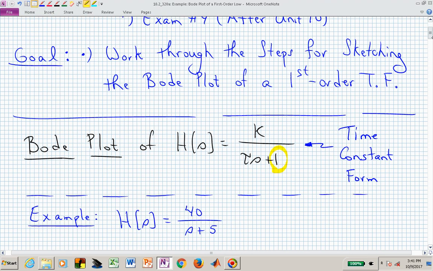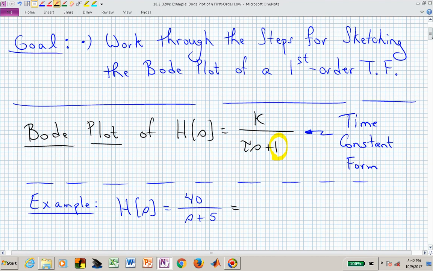Let's look at a quick example so that you understand that, oh, well, I can't sketch this because it doesn't look like K over tau s plus 1. Well, given any first order transfer function, you can convert it into that K over tau s plus 1 structure. This is now in pole-zero form that we're starting with. This transfer function, capital H(s), is 40 over s plus 5. We factor out that pole.